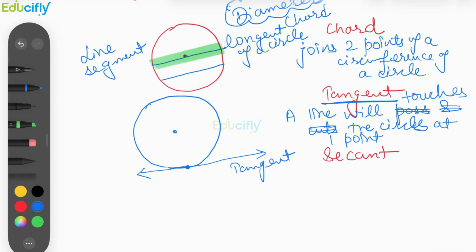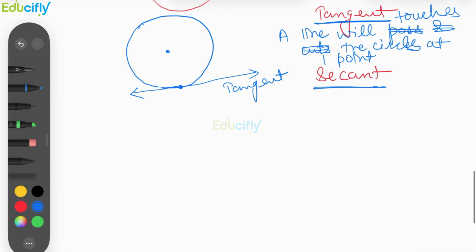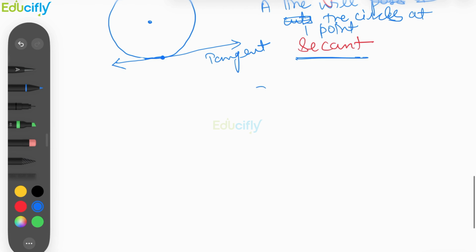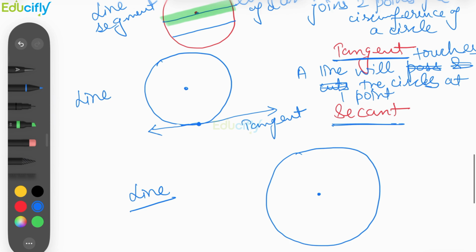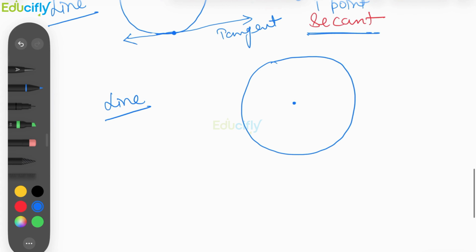Next thing is secant. What is a secant? If we draw a circle, this is my center of the circle, and again you take a line here. Here we talked about a line, not a line segment. If the line passes through like this, it becomes your chord but extends in both directions.